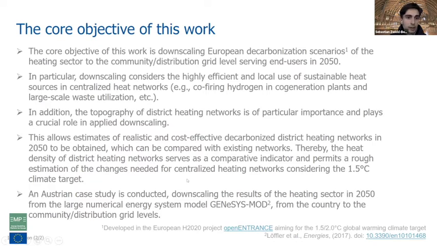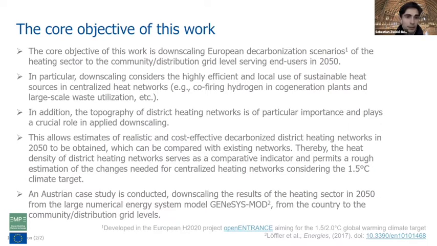So just to summarize the core objective of this work and this presentation, the core objective was to downscale European decarbonization scenarios of the heating sector from the country level to the community or distribution grid level in 2050. In particular, we want to focus on the highly efficient use and local use of sustainable heat sources in centralized heat networks, for example, as co-firing from hydrogen in cogeneration plants.